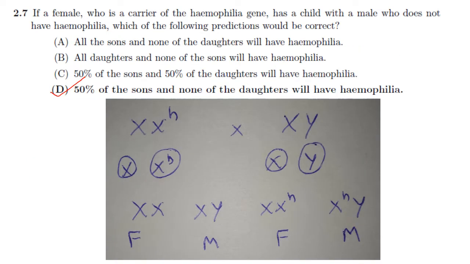Next one. If a female who is a carrier of hemophilia gene has a child with a male who does not have hemophilia, which of the following predictions would be correct?